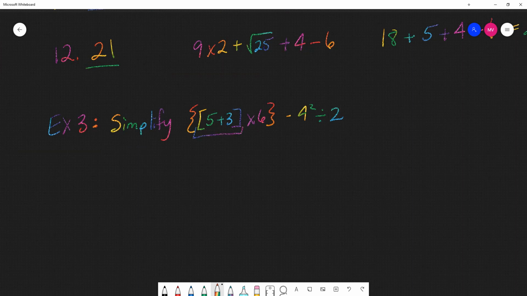So this is the guy we saw first. Then we can solve the rest of this grouping symbol and then simplify it down from there. So this becomes, what's 5 plus 3? 8 times 6 minus, you want to go ahead and do the exponent while we're here? We can.